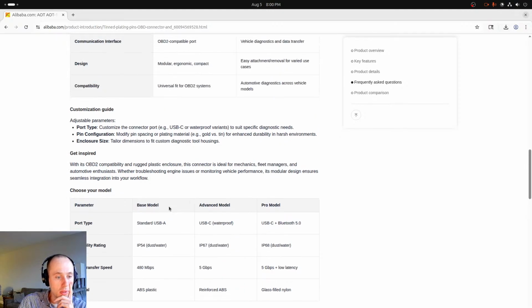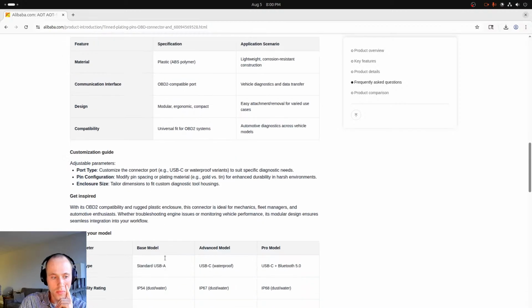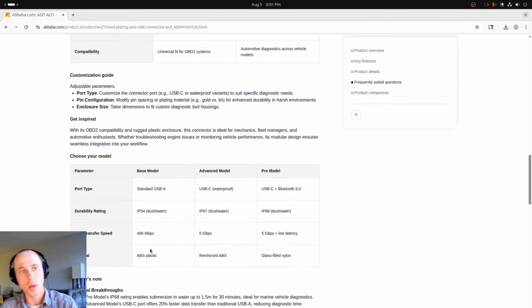Try just using USB-A standard model. Let me look this up.